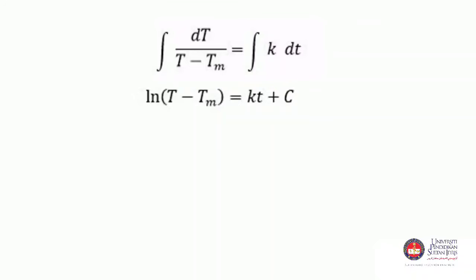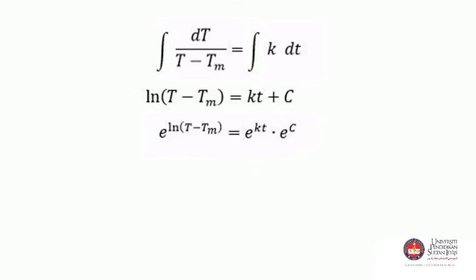Next, we take the exponent of both sides and we get T minus Tm equal to e to the power of (kt plus c), and we can separate e to the power of (kt plus c) into e to the power of kt times e to the power of c.